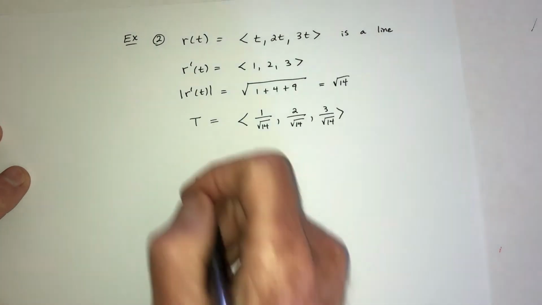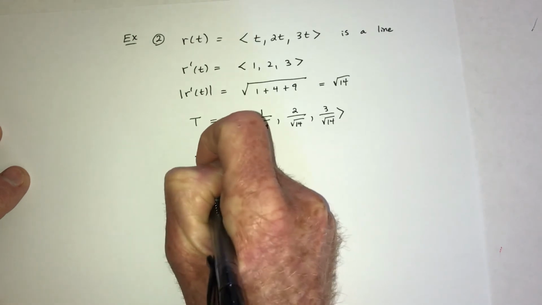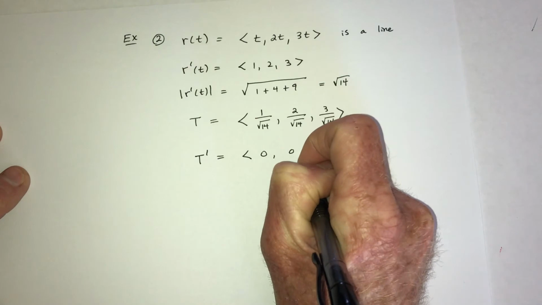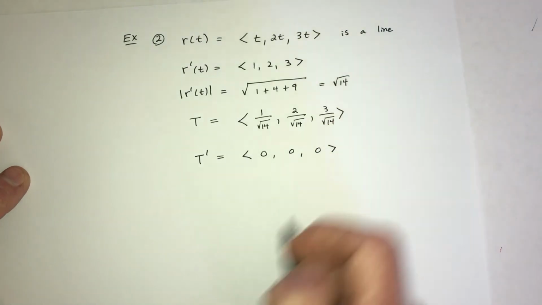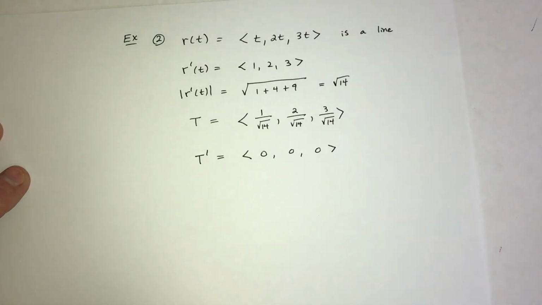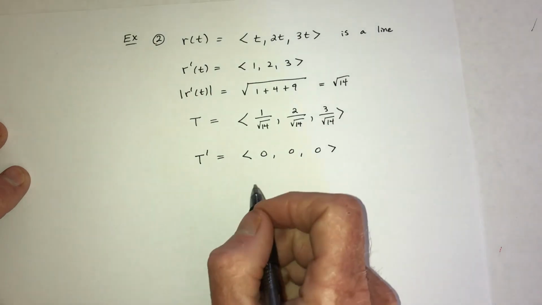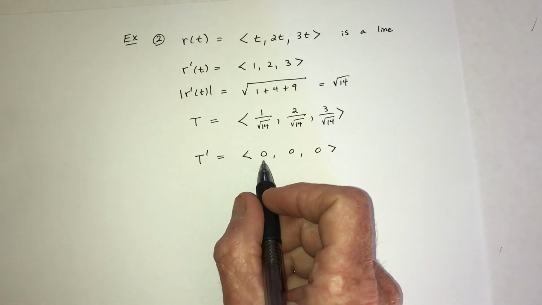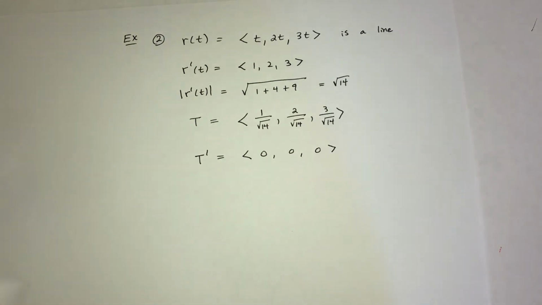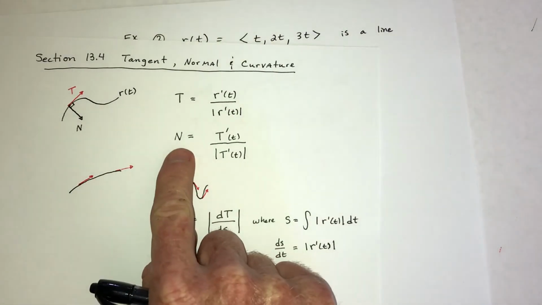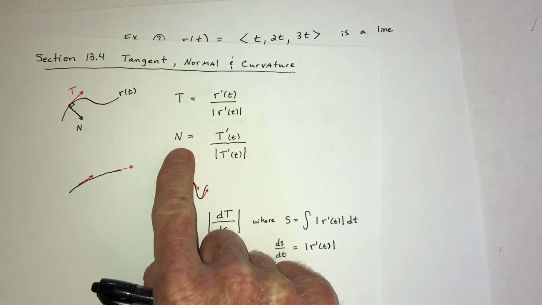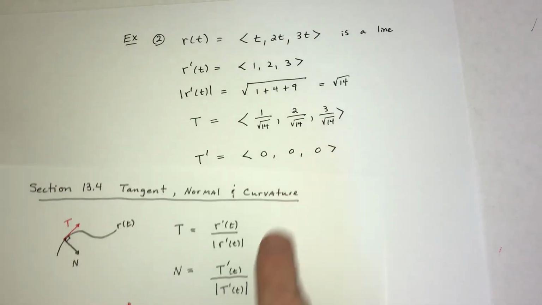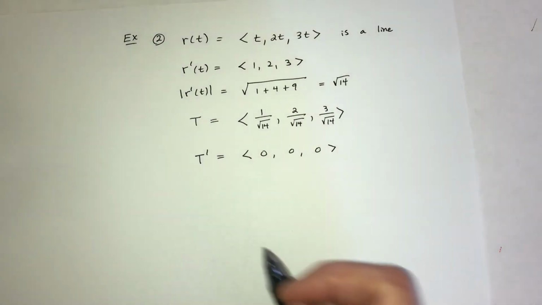Now for the normal vector. So for the normal vector, we now need the derivative of this. And that is going to be boring. Just equals 0. And so then what happens to this guy? Because now you have to take the T prime, which was easy to do, but you have to divide by its length.